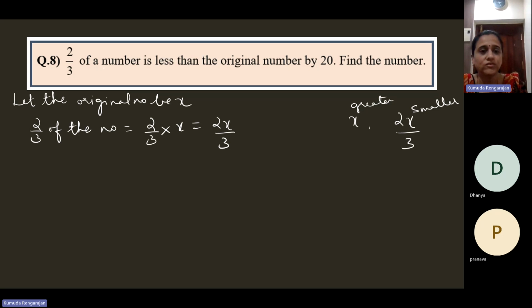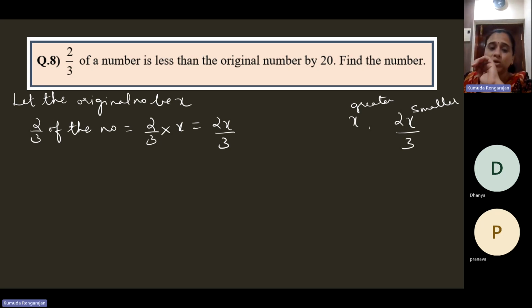Because see, it's given 2/3 of a number is less. Right? Yes, ma'am. Oh, both are the same, darling. Number, original number, both refer to that one number only.